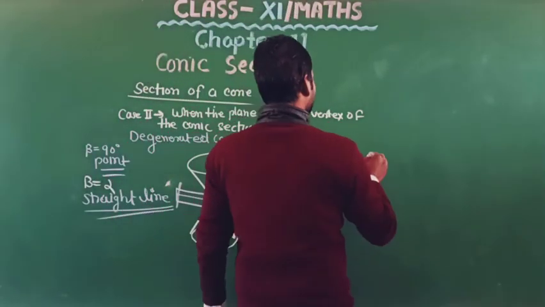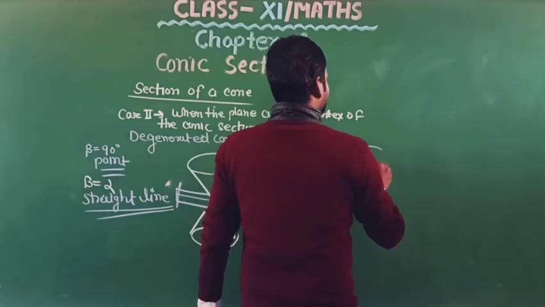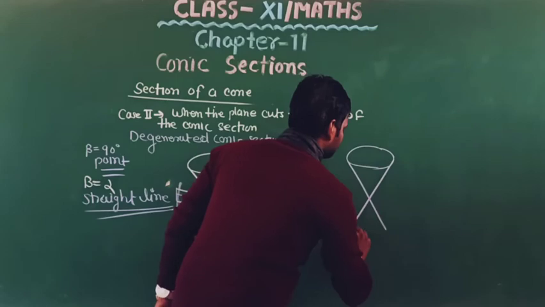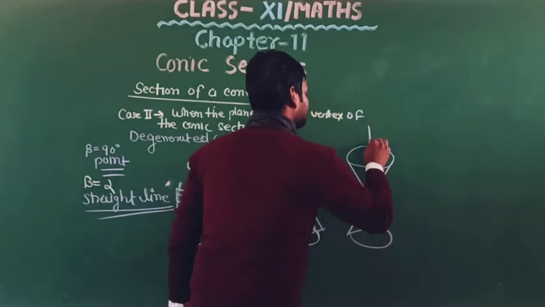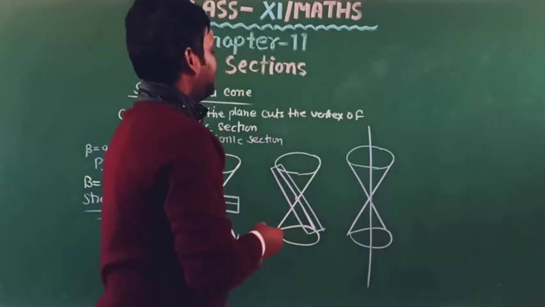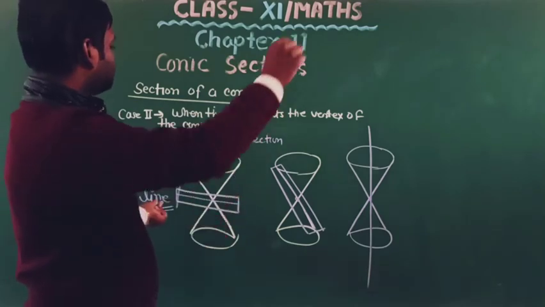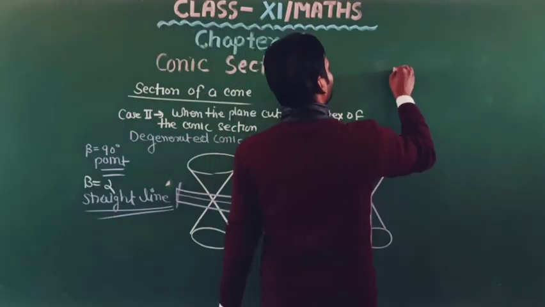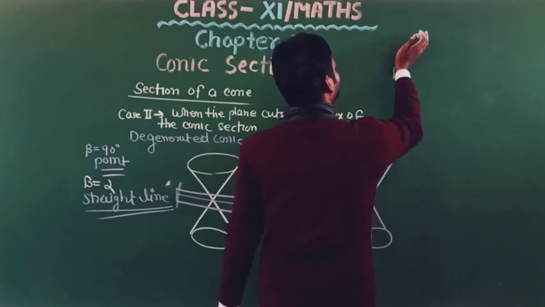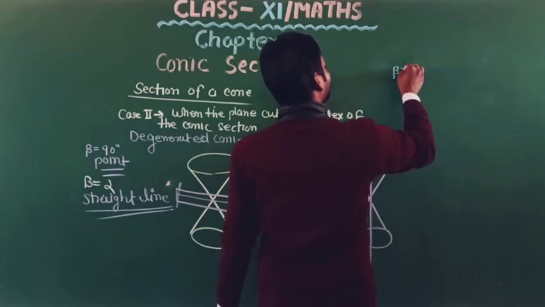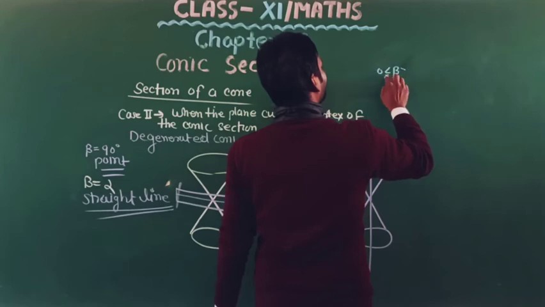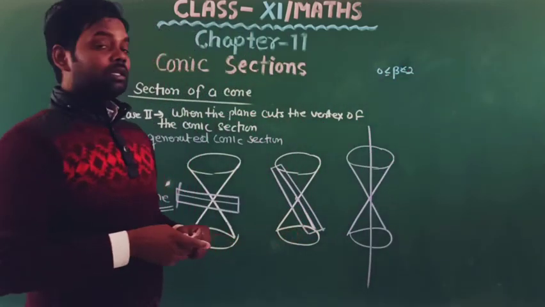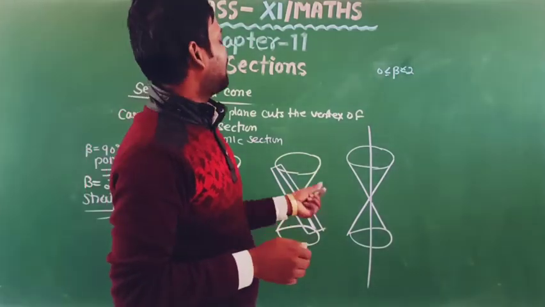And next, when the angle between axis and plane, beta, is greater than or equal to 0 and less than alpha, in this case the section obtained is either an ellipse or hyperbola.